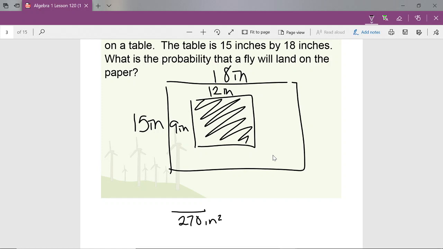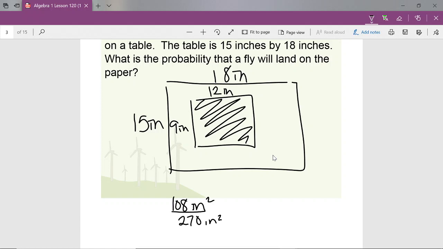Or for another example, this is like if I had a bunch of marbles in a bag and I know 5 of them are blue, then those 5 are like the area of landing on that piece of paper. Those are the ones that I want. So in this case, 9 times 12 is 108 inches squared, and then you can reduce from there.